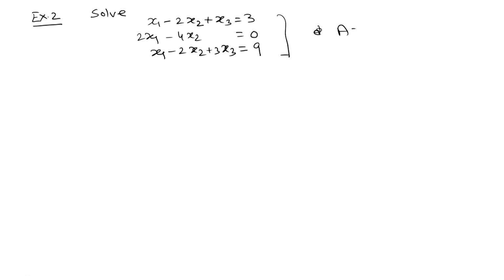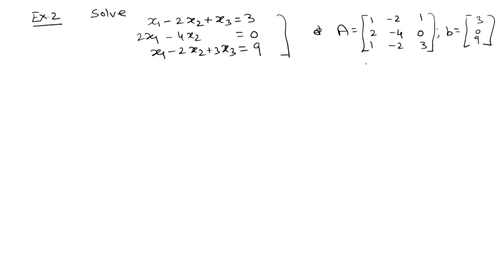Here, the matrix A is given as 1 minus 2 1, 2 minus 4 0, 1 minus 2 3, and the right hand side vector B is 3 0 9.